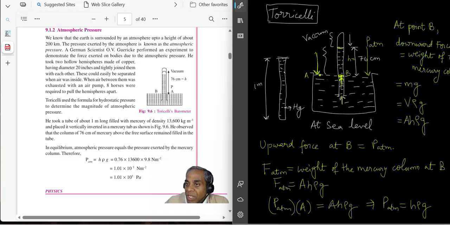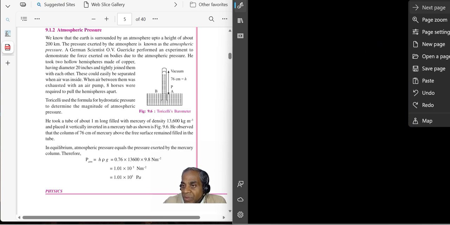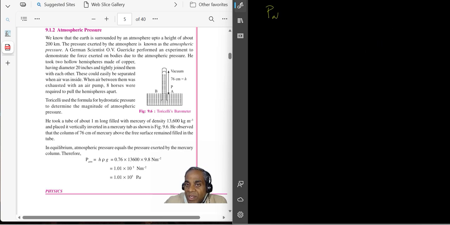And when you calculate this using the values for mercury, we get pressure atmosphere equal to height of the mercury column, which we said is 76 centimeters, which is nothing but 0.76 meters. Rho, density of mercury, is 13,600 kg per meter cube, and G is 9.8 meters per second square.